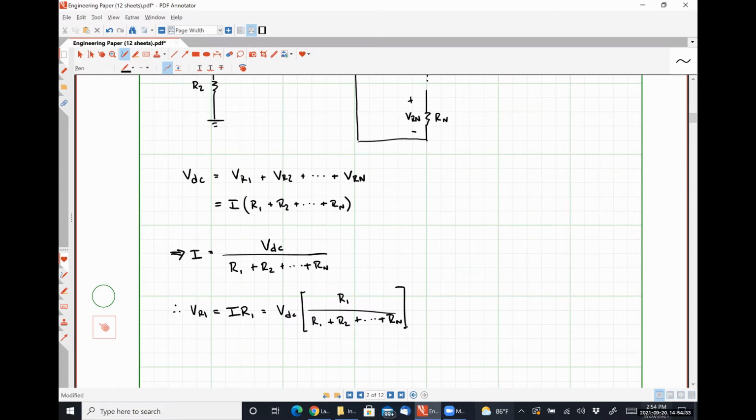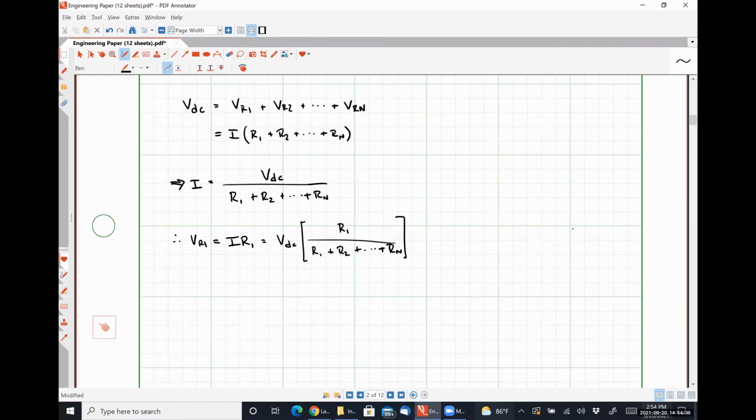And I can similarly say that VR2 is going to follow suit, right? So it would be VDC multiplied by R2 over R1 plus R2 all the way out to Rn.